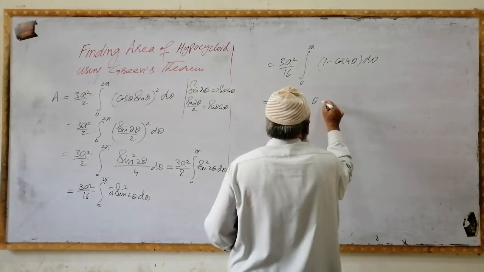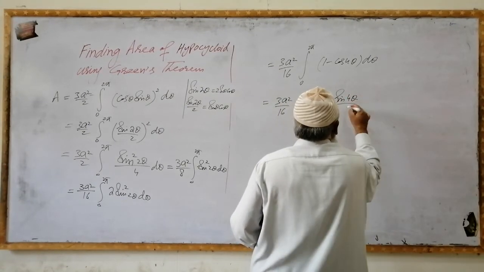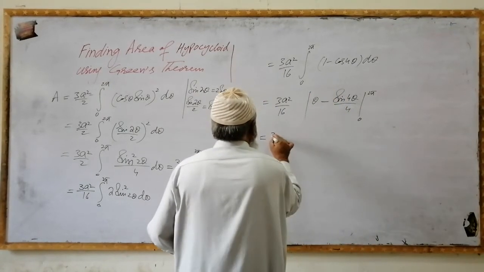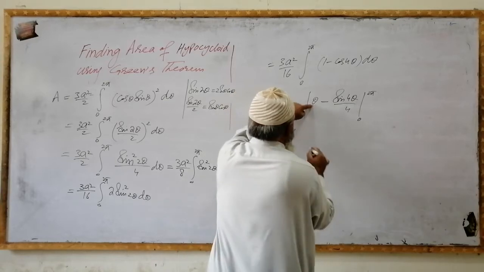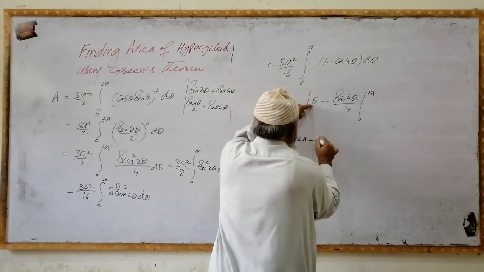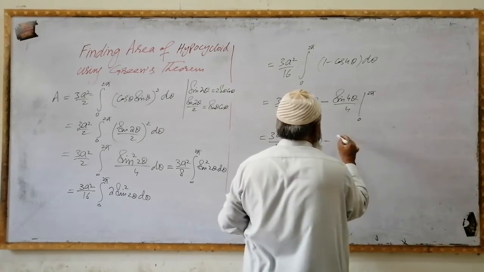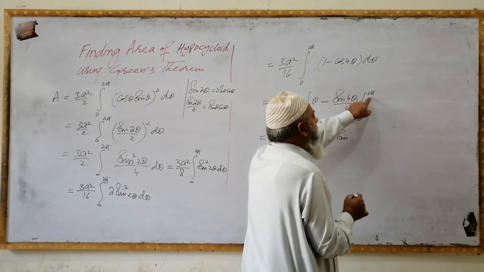Integration of 1 will be theta minus sin 4 theta over 4, 0 to 2 pi, and now applying the limits, upper limit and lower limit in theta, we will have 2 pi minus 0 minus 1 by 4, or you can apply here limits. In place of theta you will write 2 pi.